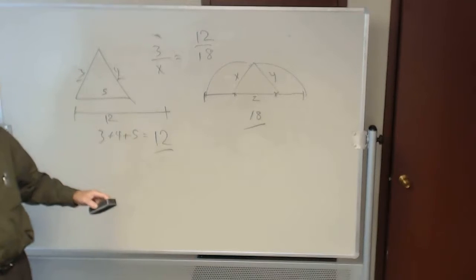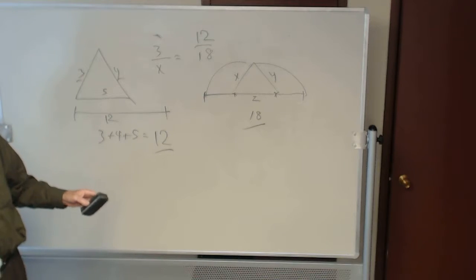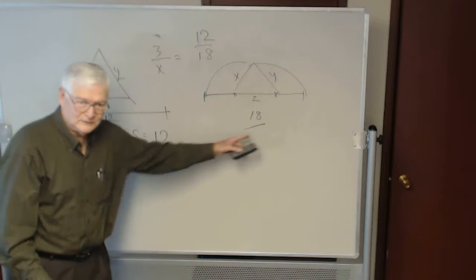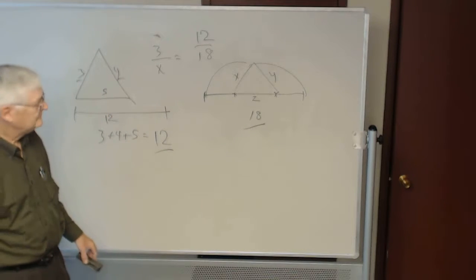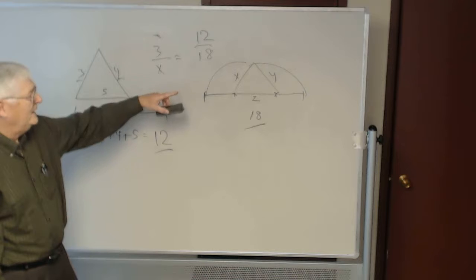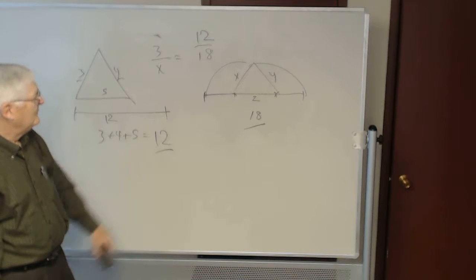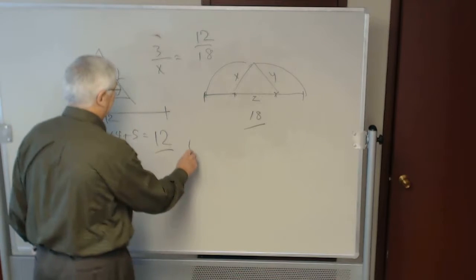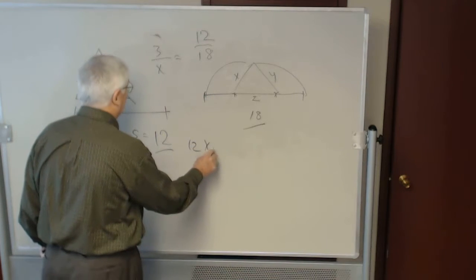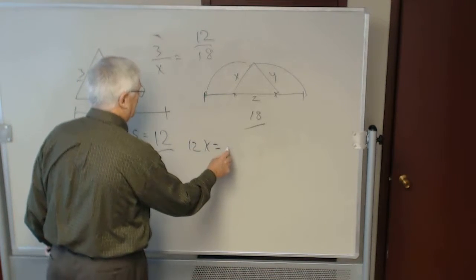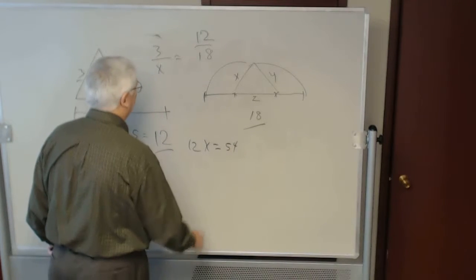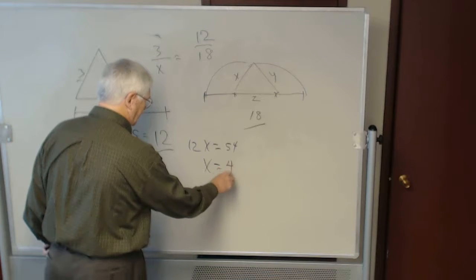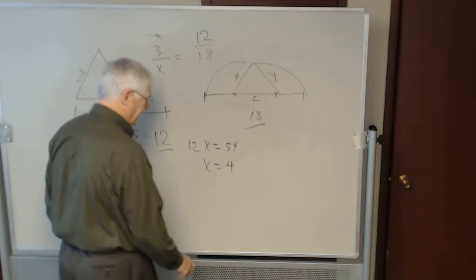You see that? Because the total, there's going to be the relationship. The ratio is going to be to that total. So then I just use that to find the information. So 12x is 54, is that right? So x would be 4 12s is 48.